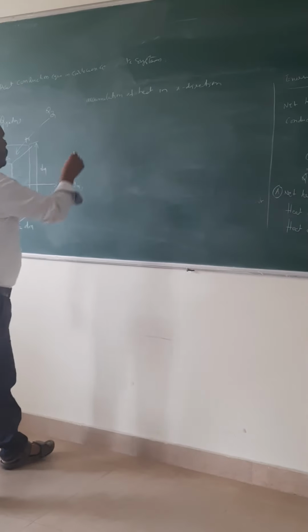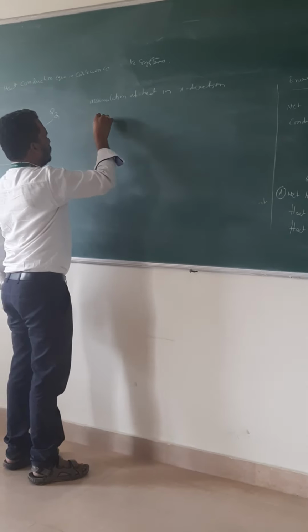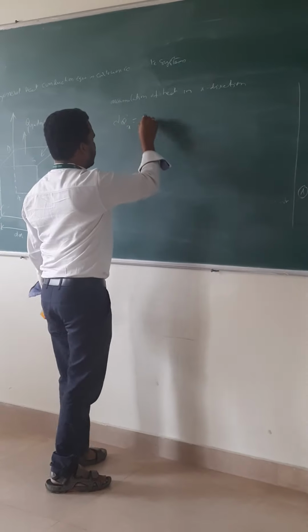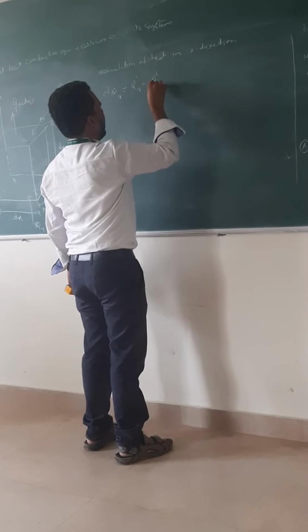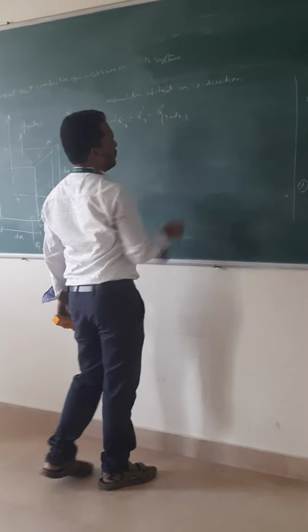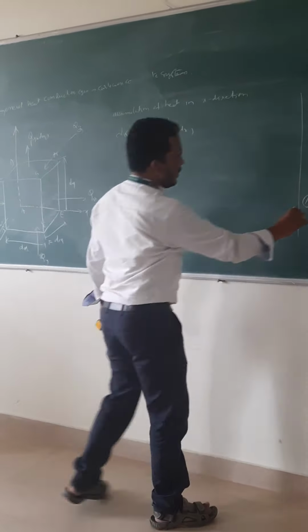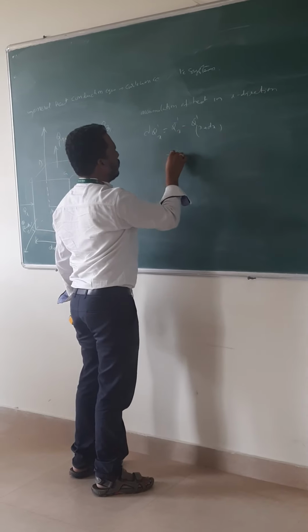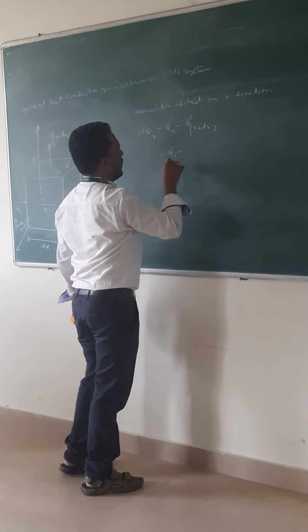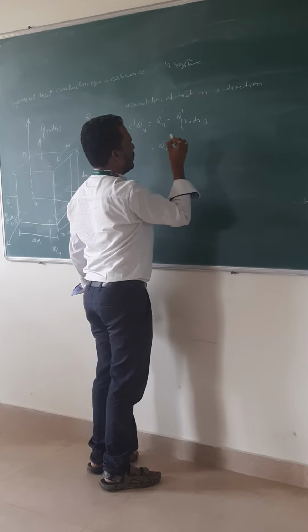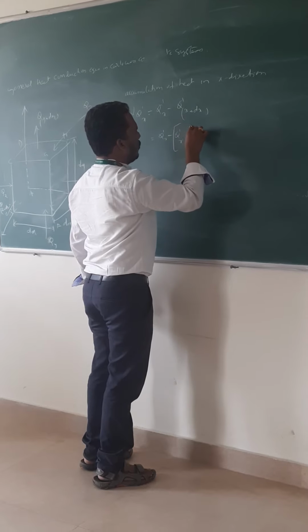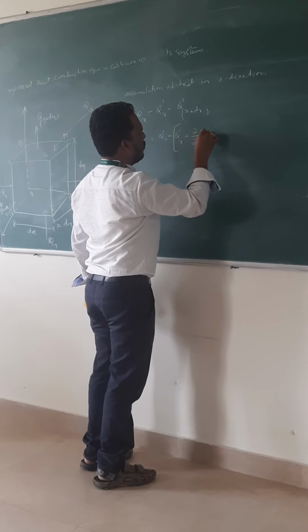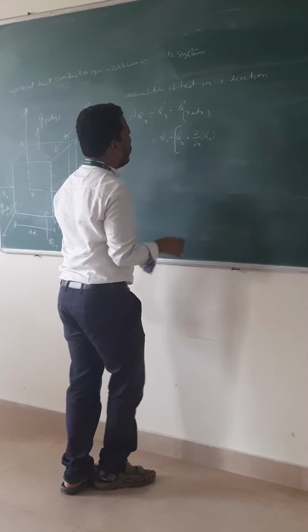So dQ dash x equals Q dash x minus Q dash x plus dx, which is Q dash x minus Q dash x plus dou by dou x into Q dash x into dx.